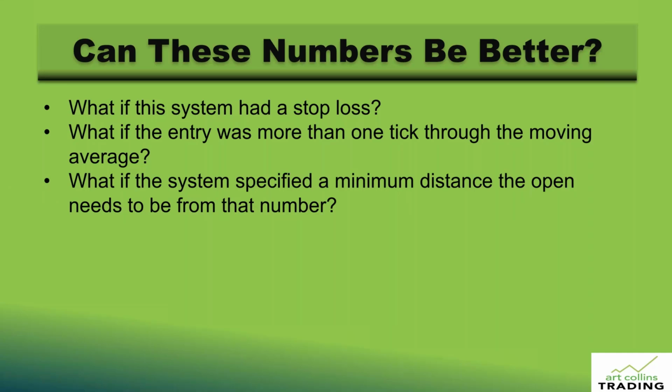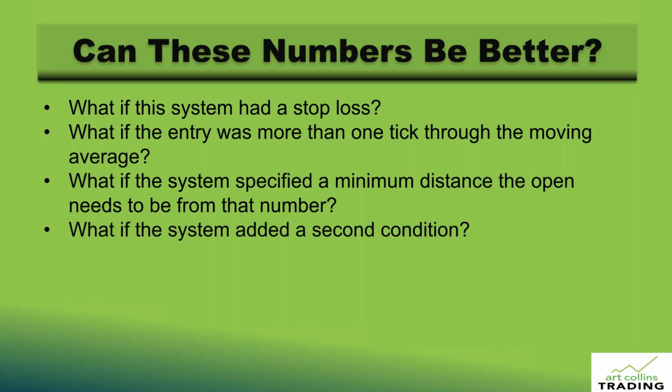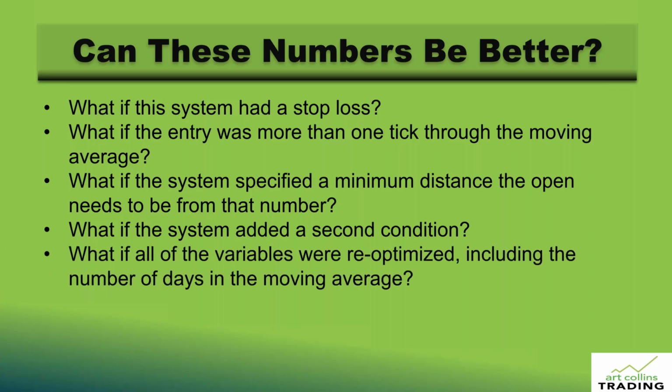What if it specified a minimum distance that the open needs to be from that number, not just lower for a buy, but half of an average range or a full average range? What if the system added a second condition or a third or a fourth? What if all the variables were re-optimized, including the number of days in the moving average?